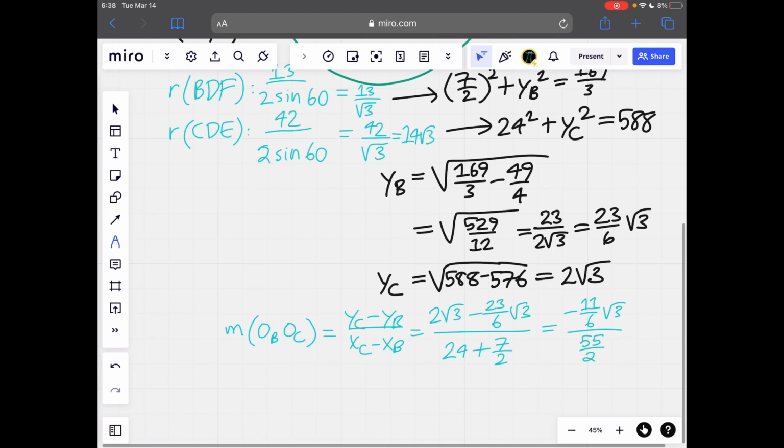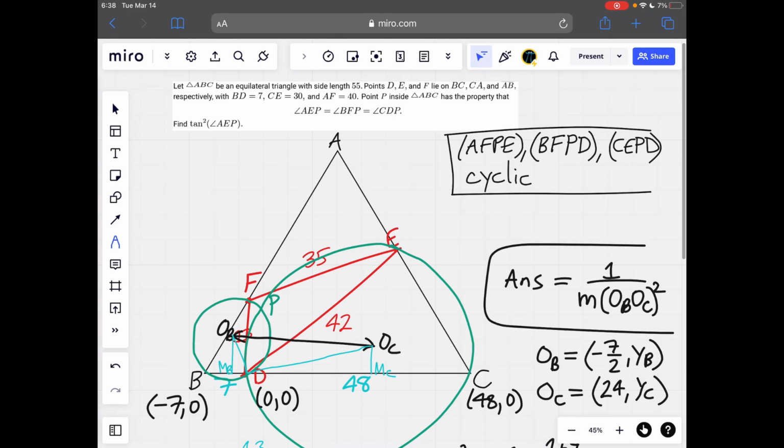If you multiply both numerator and denominator by 6, you get minus 11 root 3 over 165, which is minus root 3 over 15. And we wanted 1 over that squared, so 1 divided by root 3 over 15 squared is 1 divided by 3 over 225. That's 225 over 3, which is 75.